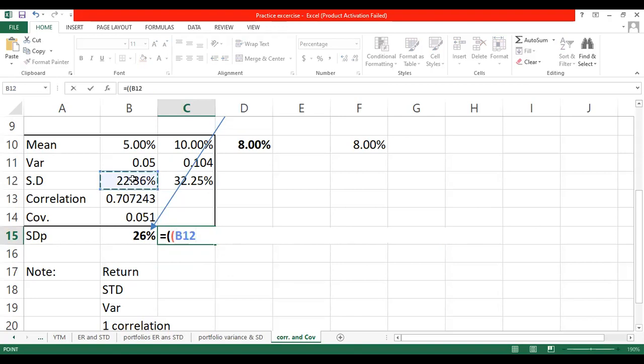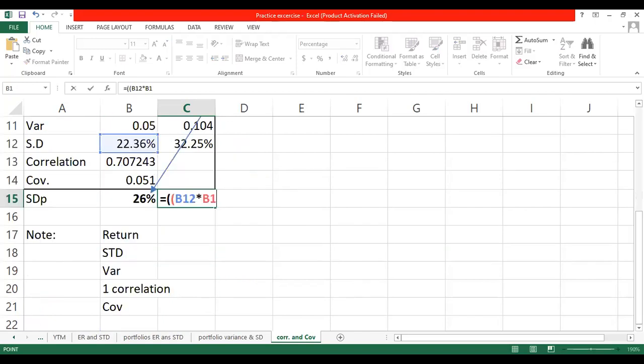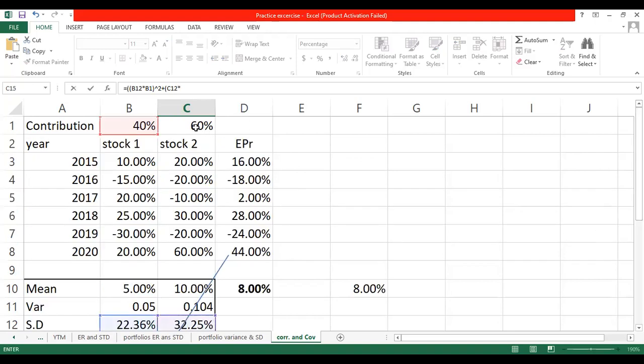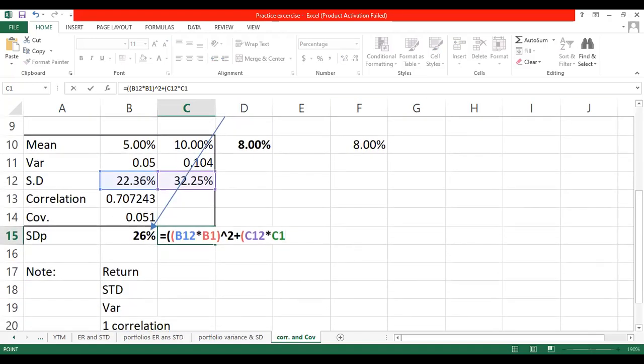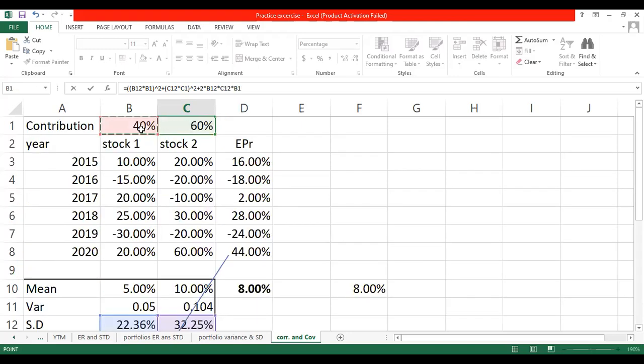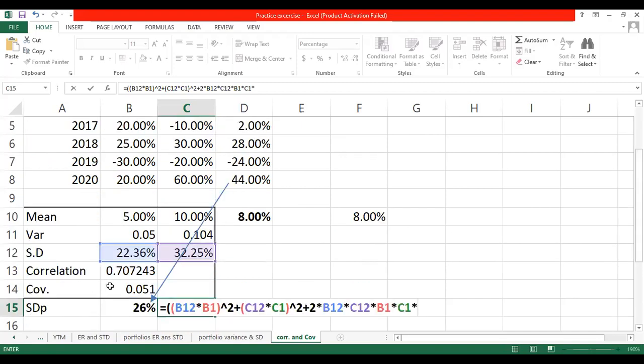Standard deviation of stock 1 multiplied by weight of stock 1, closing bracket and taking a square, plus standard deviation of stock 2 multiplied by weight of stock 2, then taking a square, then plus 2 multiplied by standard deviation of stock 1 multiplied by standard deviation of stock 2 multiplied by weight of stock 1 multiplied by weight of stock 2 and multiplied by the correlation between the stocks.